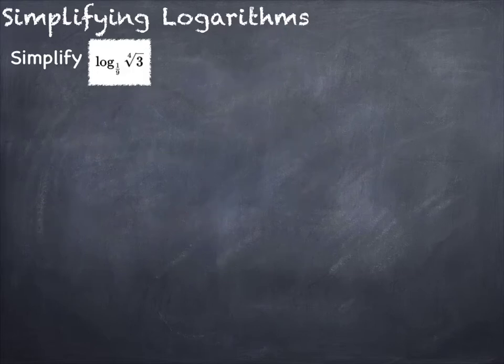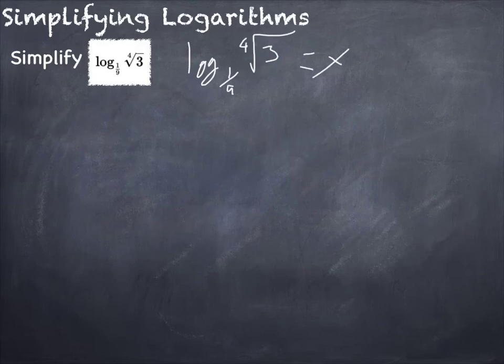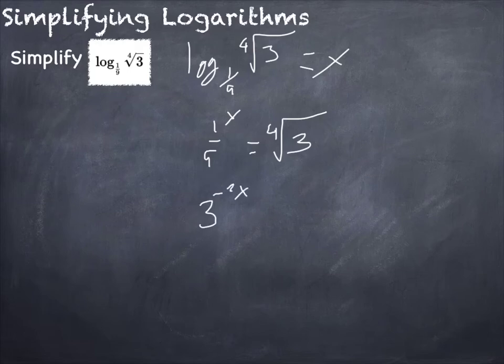Something like this looks trickier. Log base 1/9 of the 4th root of 3. But it's going to be set up the same way. We've got log base 1/9 of the 4th root of 3 equals some number x, because what power do I need to raise 1/9 to get the 4th root of 3? Well, let's get these into the same base. 1/9 is 3 to the negative 2, but that's all raised to that x power.